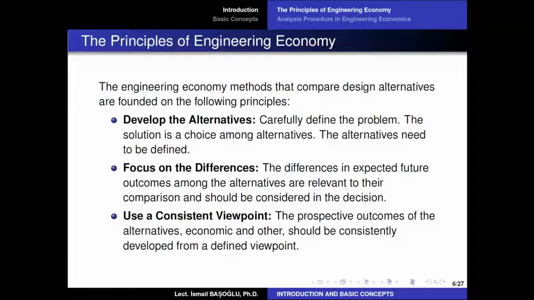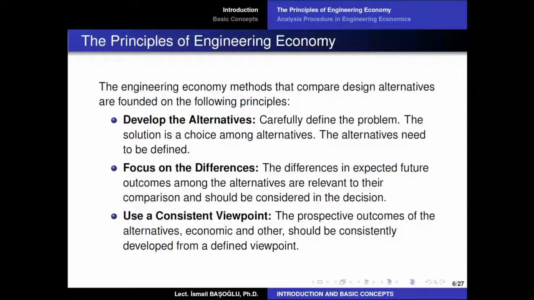Then we are going to focus on the differences: how we can compare the alternatives. The differences in expected future outcomes among the alternatives are relevant to their comparison and should be considered in the decision. So if you want to purchase printers and the alternatives are different brands, first their initial costs are going to be different from each other, right? Not every printer has the same cost.